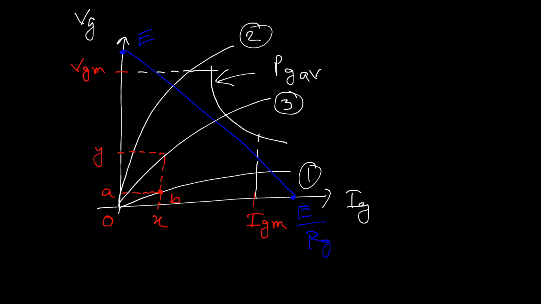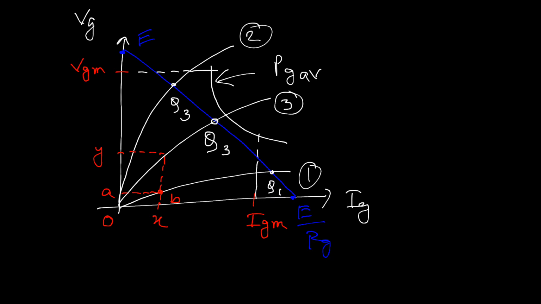The curve 3 and the load line, which connects the two points E and E by Rg, give the Q point or operating point, defined by Q3 for this SCR. Similarly, when characteristics curve 2 and curve 1 coincide on a particular point of the load line, it can be defined by Q3 and Q1.